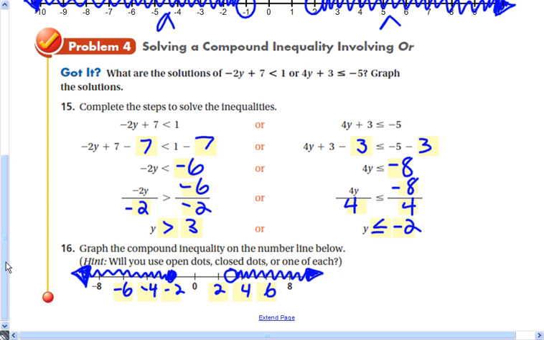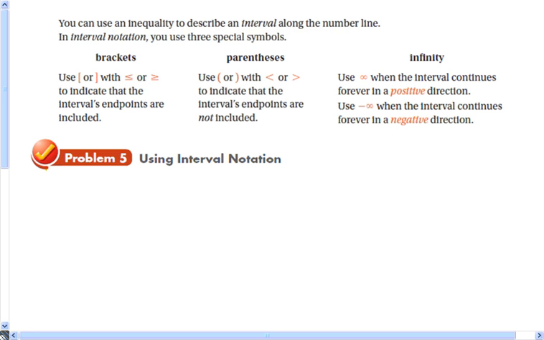All right, one more thing from this lesson. We're going to use a thing called interval notation. You're going to use special symbols to mean including or not including. Use brackets to indicate that the interval's endpoints are included. Use either parentheses or the less than greater than symbol to indicate that the interval's endpoints are not included.